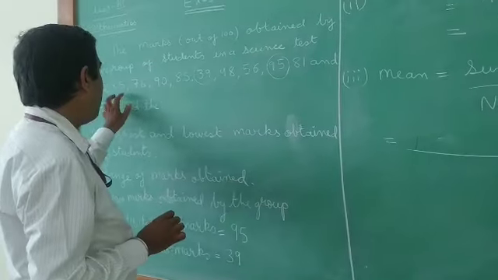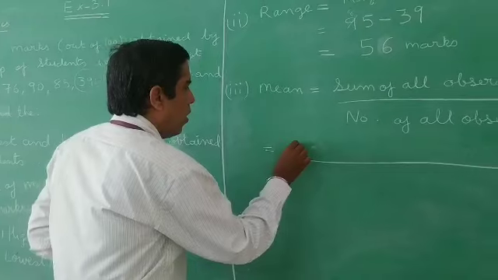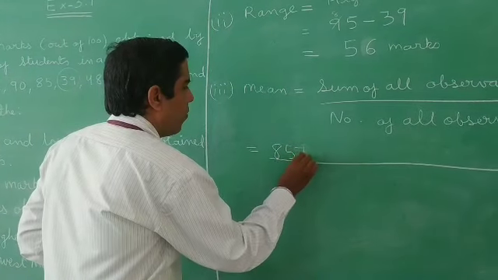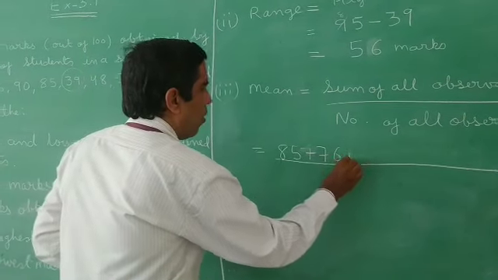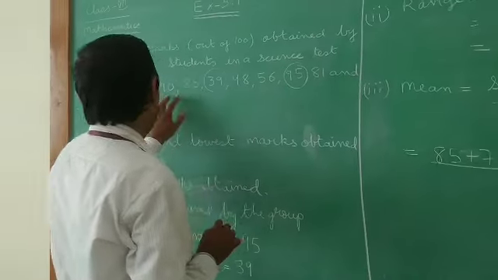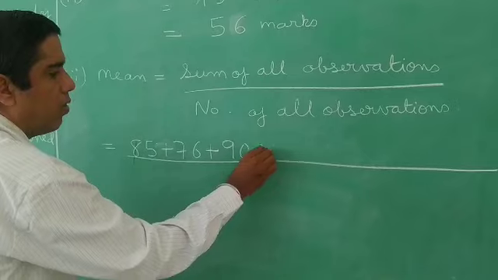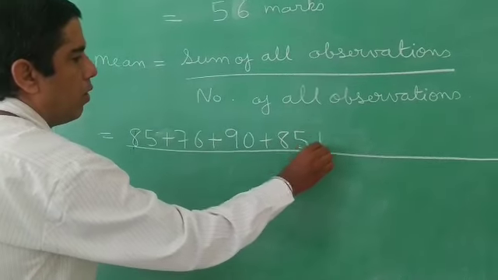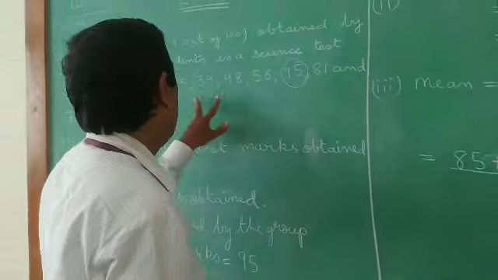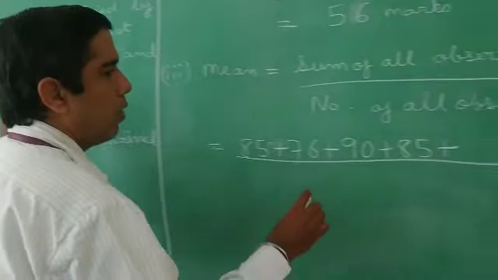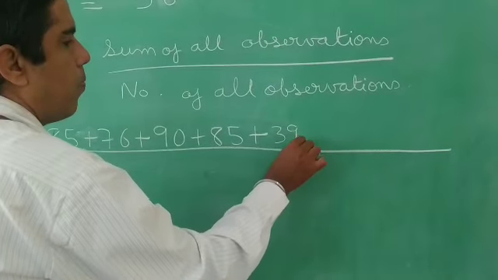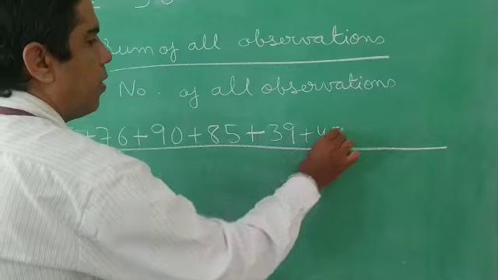The first numbers are 85 and 76. I am taking two numbers, 85 plus 76. Next two numbers, 90 plus 85. Then take the next two numbers, 39 plus 48.